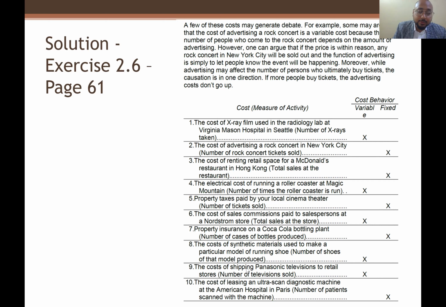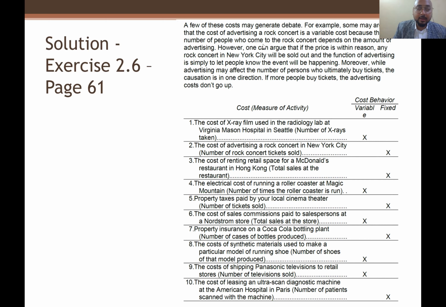Ninth, the cost of shipping Panasonic televisions to retail stores, based on the number of televisions sold, of course is variable, right? The last one is the cost of leasing an ultrascan diagnostic machine, based on the number of patients scanned with the machine. The lease has nothing to do with the output. You have to pay a fixed rent, that's it.